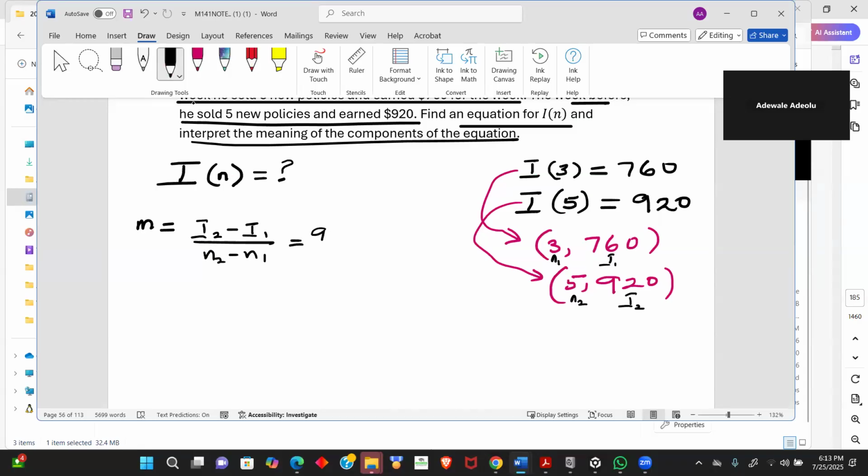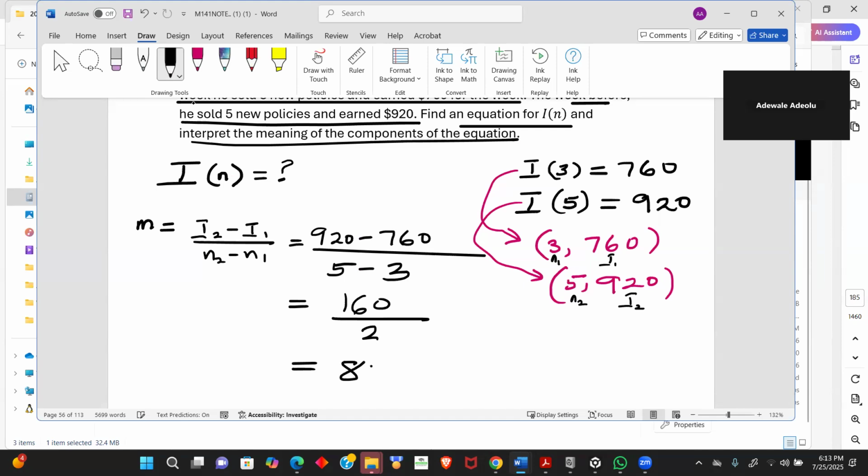So which is 920 minus 760 divided by 5 minus 3. So that is 160 divided by 2. So that is 80. 80 what?